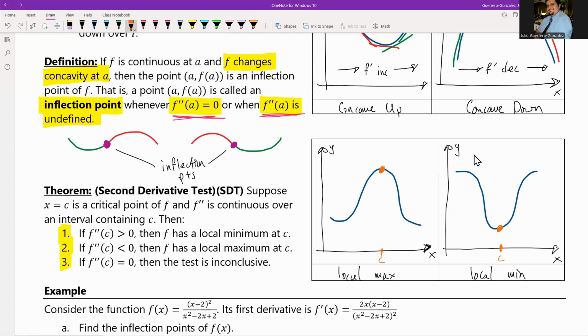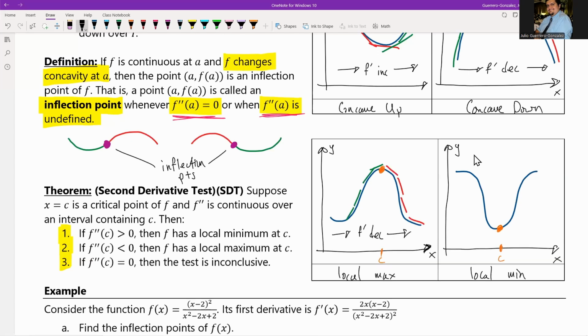Notice what happens for all of these. Before, the slopes are positive, and then after, the slopes are negative. You see that? So as we go this way, F prime of x is decreasing.